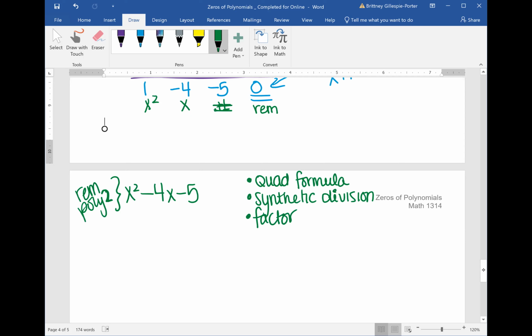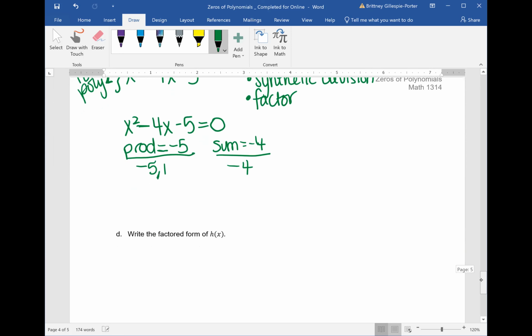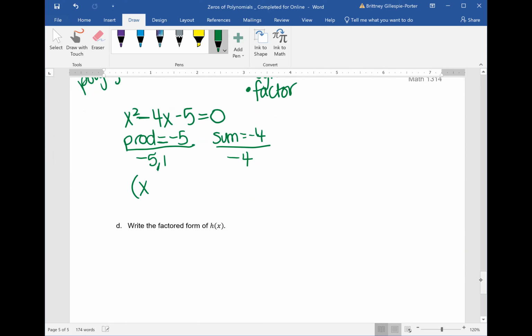Here, when we have x squared minus 4x minus 5 equal to 0, you would look for a product of -5 and a sum of -4, which means you would want -5 and 1. Which means that it factors into x minus 5 times x plus 1 equal to 0.